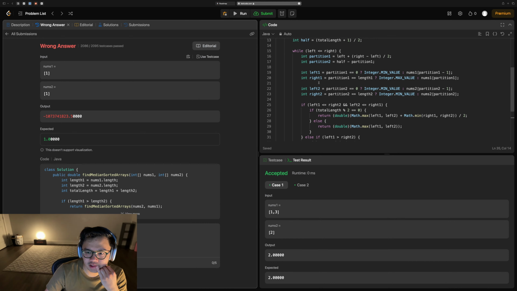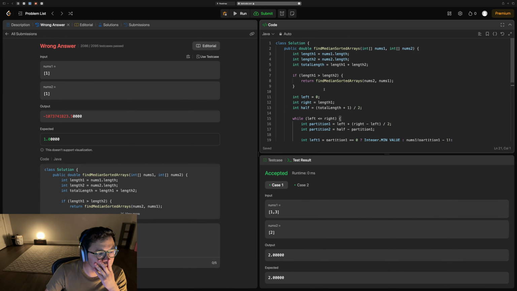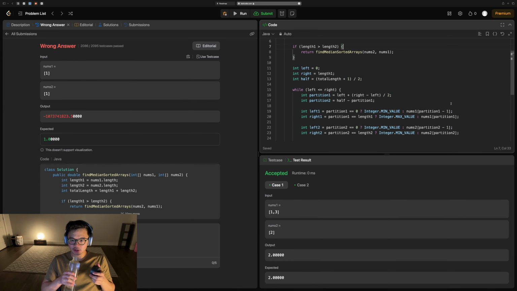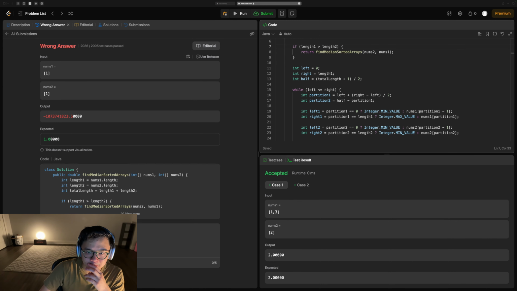Left 1, left 2, half minus partition 1. Length 1, length 2, nums 1, nums 2, okay. Expected. What are we doing? What are we doing?